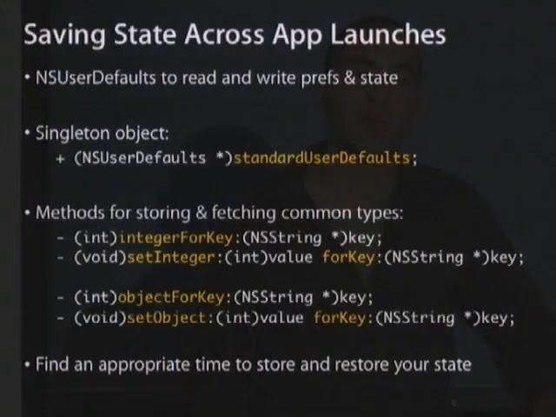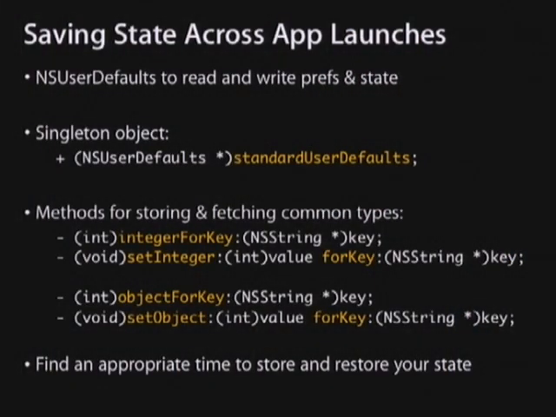NSUserDefaults is basically a free way to save preferences in your app. You can save all kinds of different types of data. Here are some examples: integer. You can save an object. An object can include arrays, dictionaries, numbers, strings, dates. I'm sure it's anything that responds to the NSCoding protocol, which I'm not going to get into.